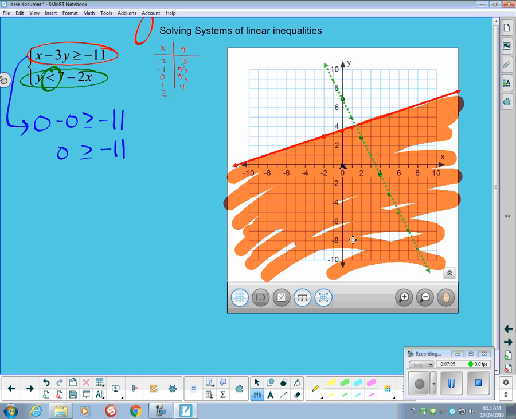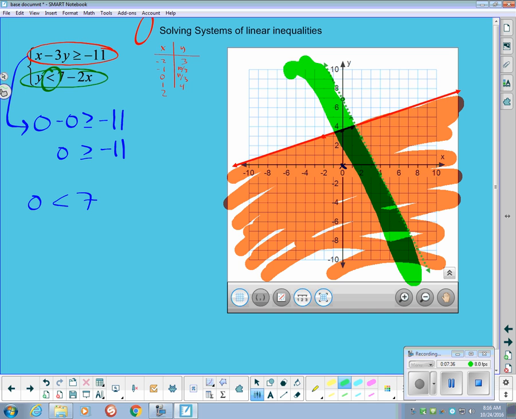Deciding which side again to shade on, I'll test with (0, 0) again. If I test with (0, 0) again, I get that 0 is less than 7, which is also true. So (0, 0) should get shaded here as well. And technically what that means is that I'm shading this side, and this is going to get a little bit messy as we go through this.